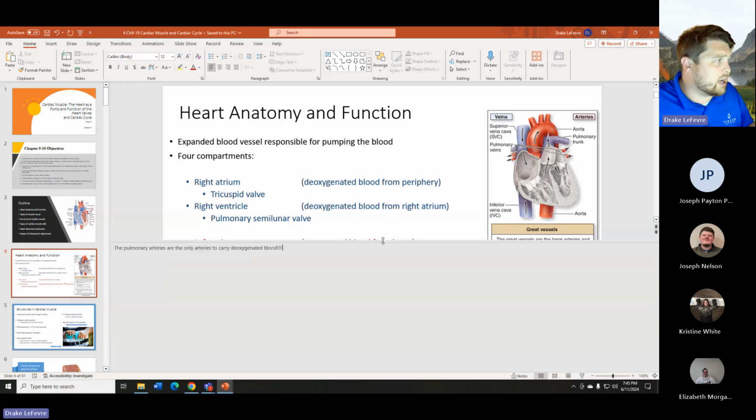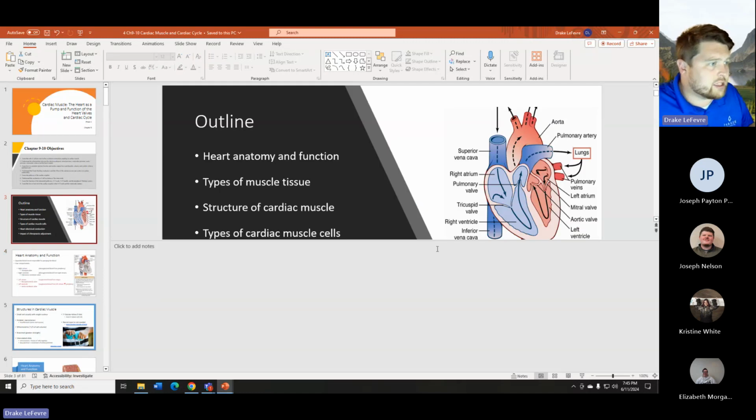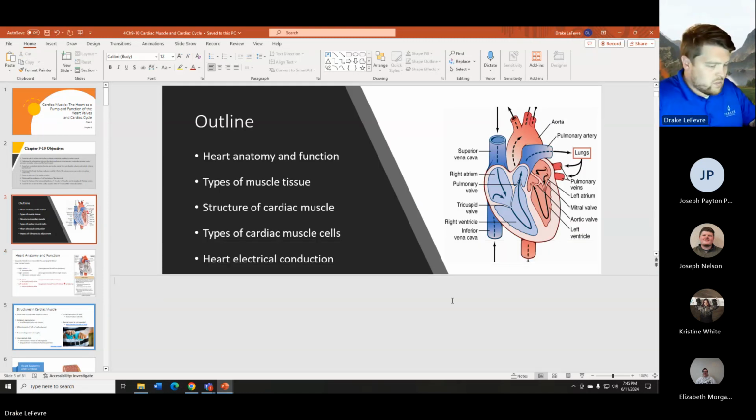And I'm going to go into it a little bit deeper in this picture right here, okay? So we go from superior and inferior vena cava into the right atrium. Then we go through the tricuspid valve, okay? This is also known as the right AV valve. That's another AKA thrown in there.